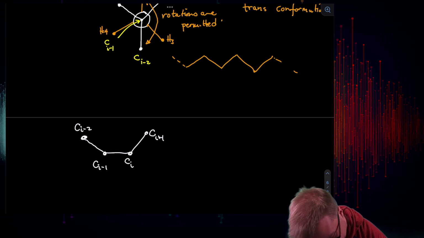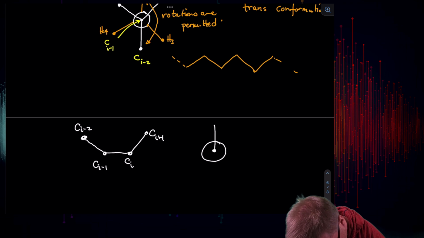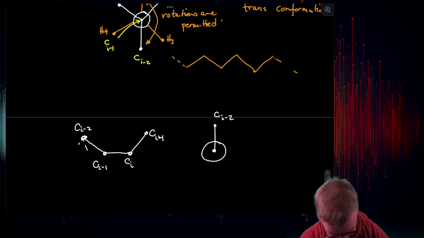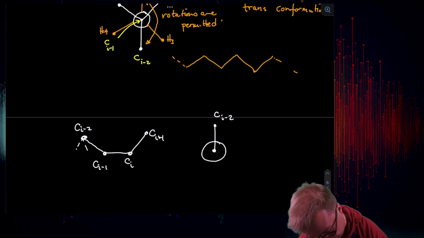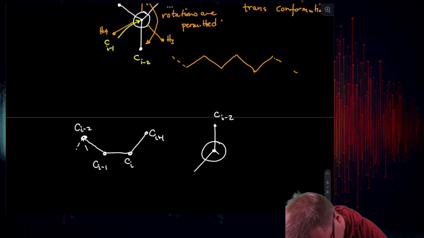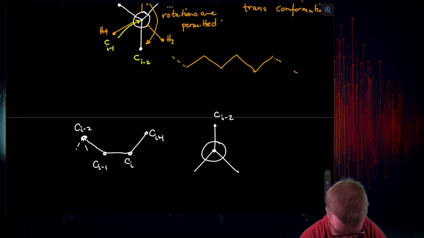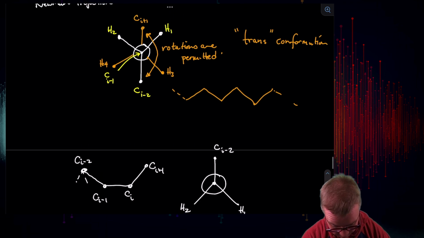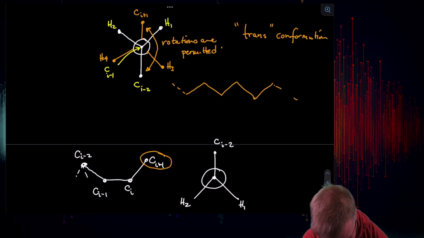So my Newman projection in this case would look something like this. I would have carbon I-2 at the top. Its hydrogens would go down, so I've got coming down hydrogen 1, hydrogen 2.